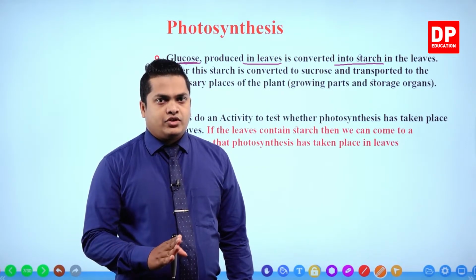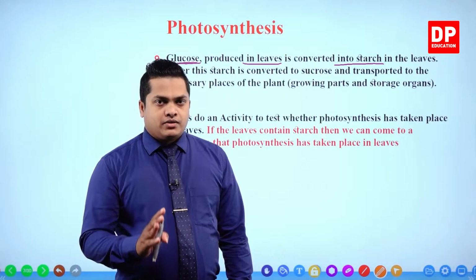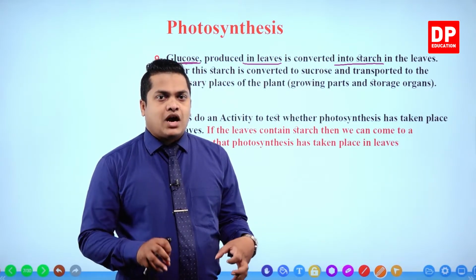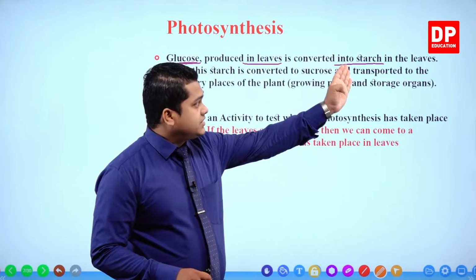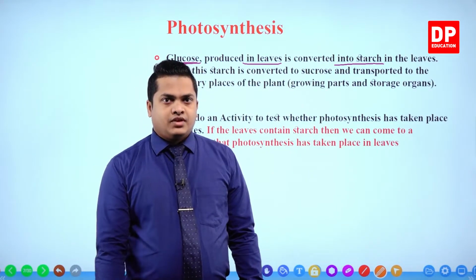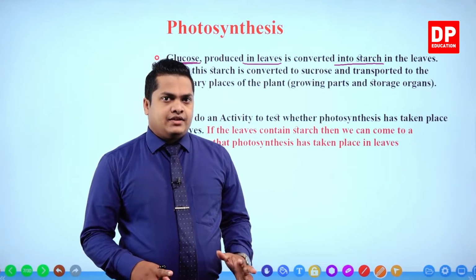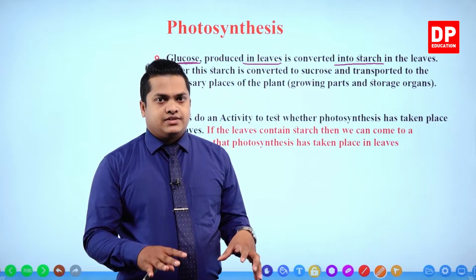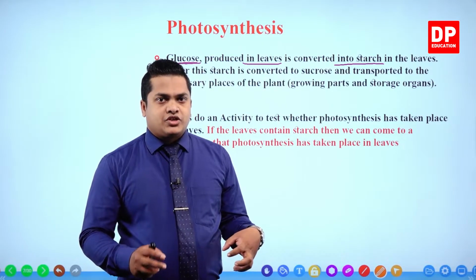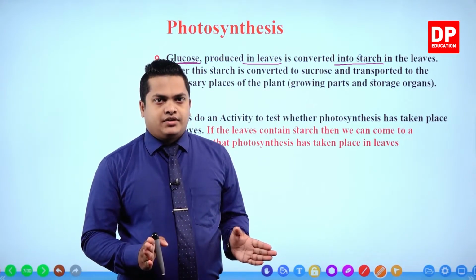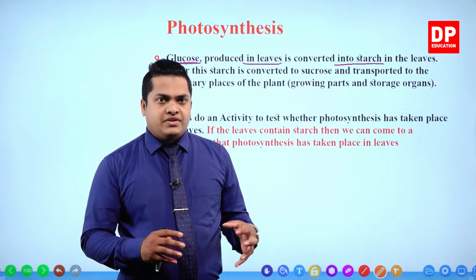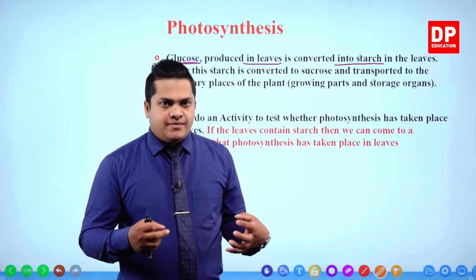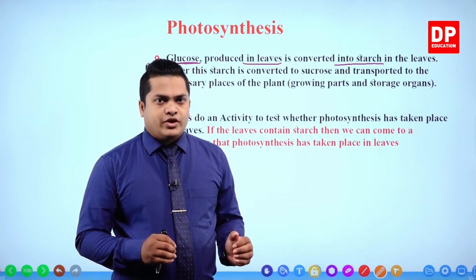That glucose collects together to form a carbohydrate called starch. Then there is a certain amount of starch which can be kept within a plant leaf. So within a plant leaf, there is a certain limit. After that limit, what happens?